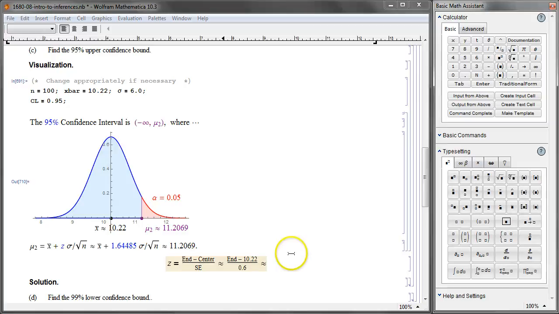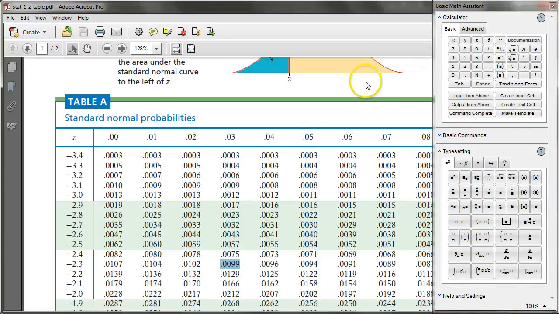And that has to be the z-score associated to 95%, because this blue area over here where I'm moving my mouse around is 95%. So look up 95% from this z-table.